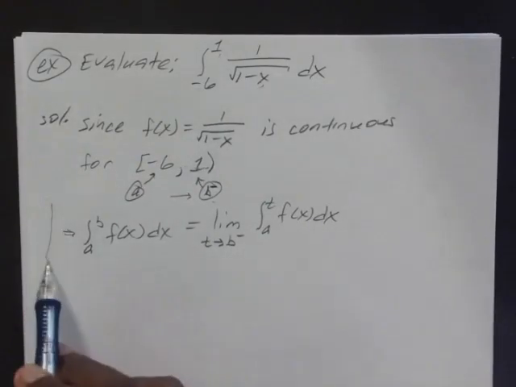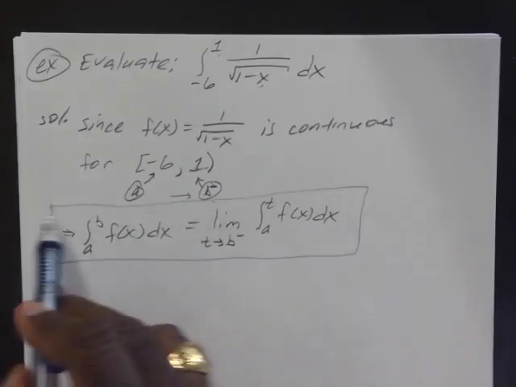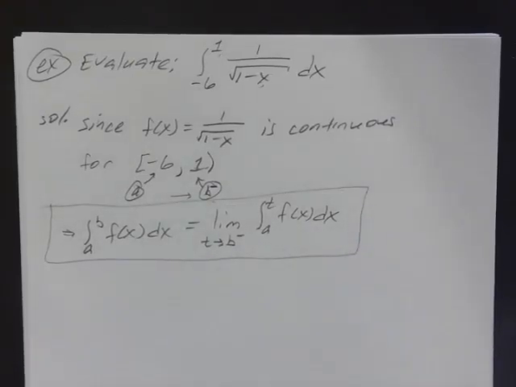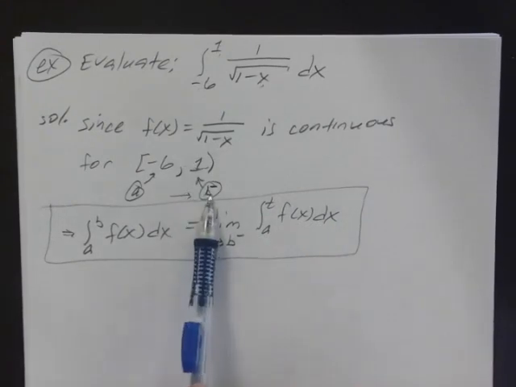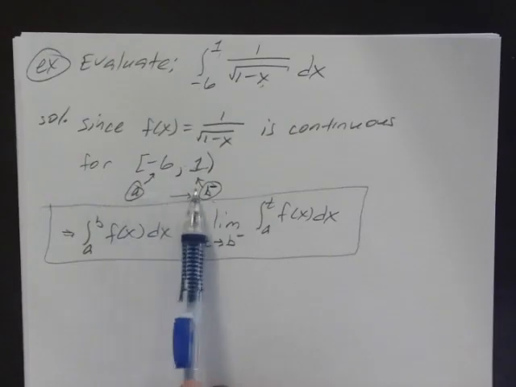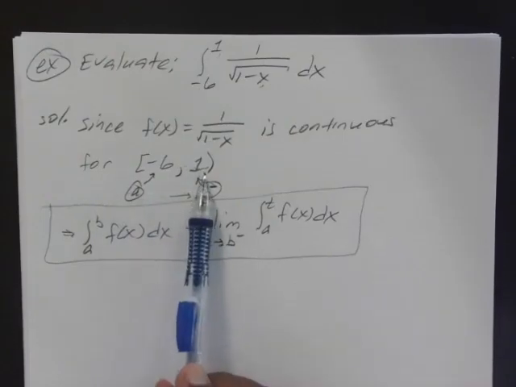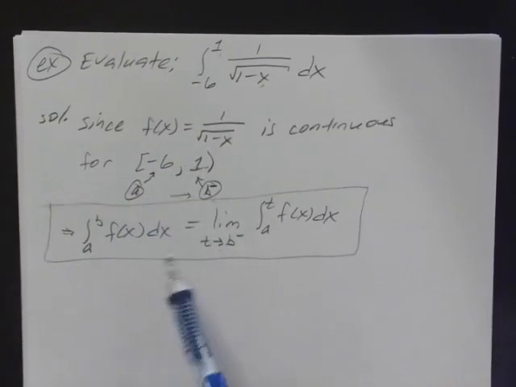Most of the time, the hardest part is getting started. So just doing that part and finding out, okay, it's approaching B from the left, and it can't equal B, then you know this is the one you're going to use.